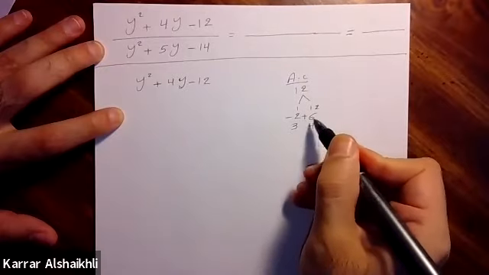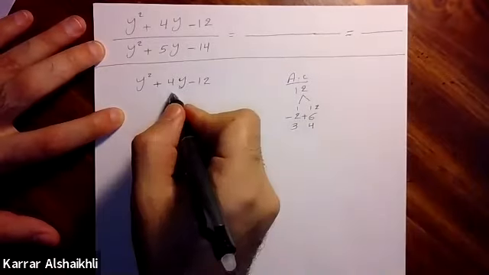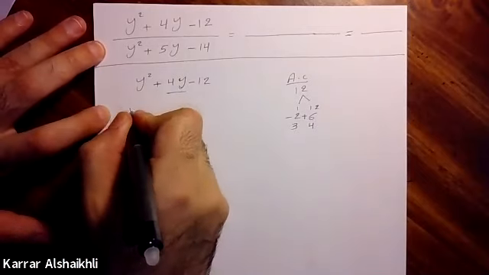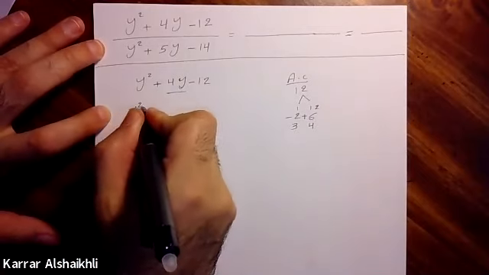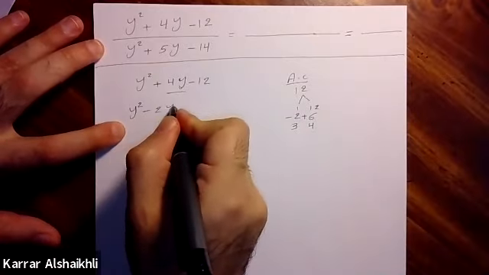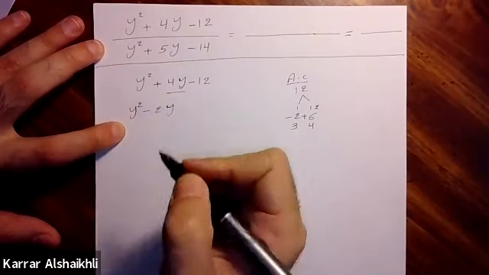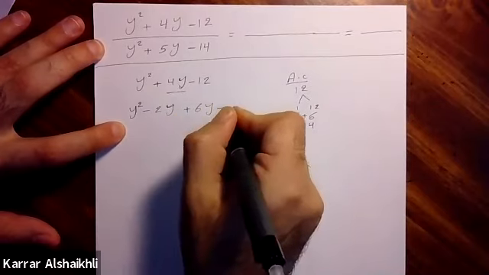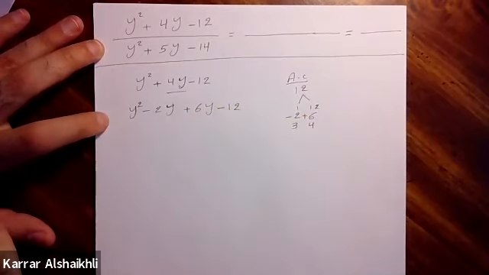Why? Because -2 plus 6 is going to be 4, which is the middle term. So I'm going to write down the first one, y squared minus 2y plus 6y minus 12. Now you see I have 4 terms.